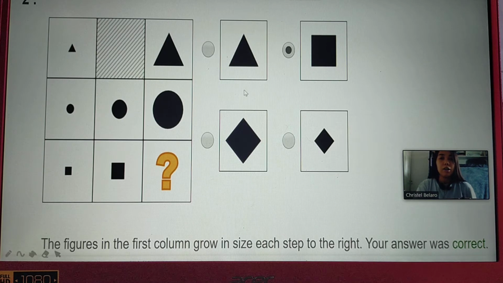The answer is letter C. The figures in the first column grow in size each step to the right. Going to the right, it grows. So the answer is letter C, cat. We got the correct answer for number 1. Very good. Most of you got the correct answer.